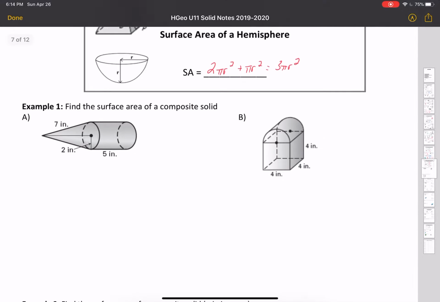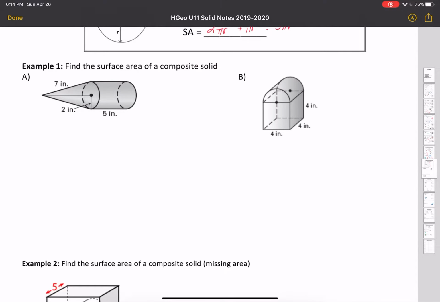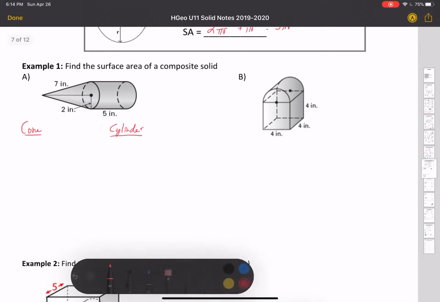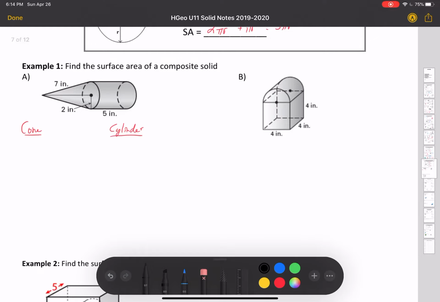So in example 1, in this first one, we have 2 different figures here. We have a cone and we have a cylinder. So for the cone, that area formula is area of the base plus the perimeter of the base times the slant height divided by 2.